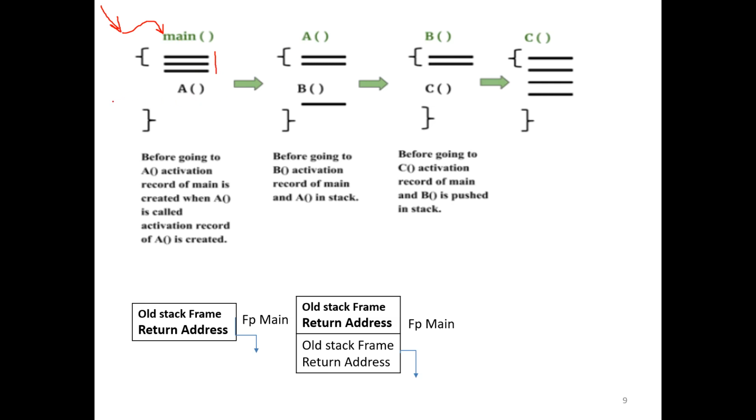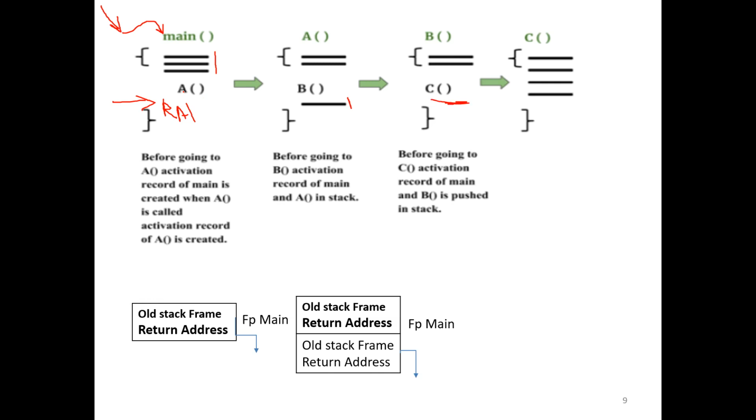When A terminates, this has to be executed. This is called return address 1. When A terminates, the control has to come back to this place. When B terminates, control has to come back to this place. When C terminates, it has to come back to this place. This is a return address. This is also a return address.